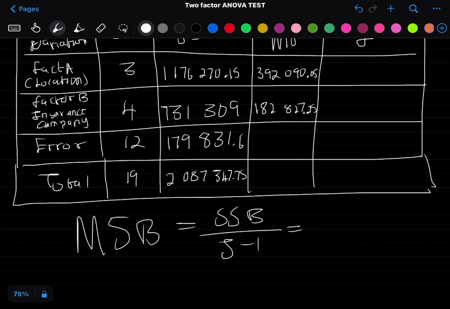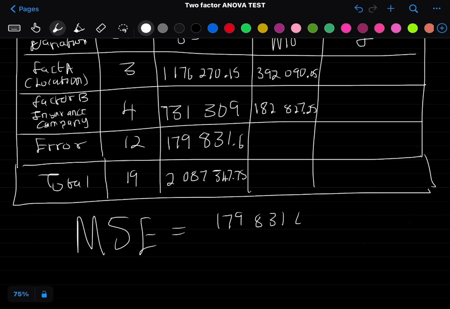Then for the error, it will be 179,831.6 divided by 12.